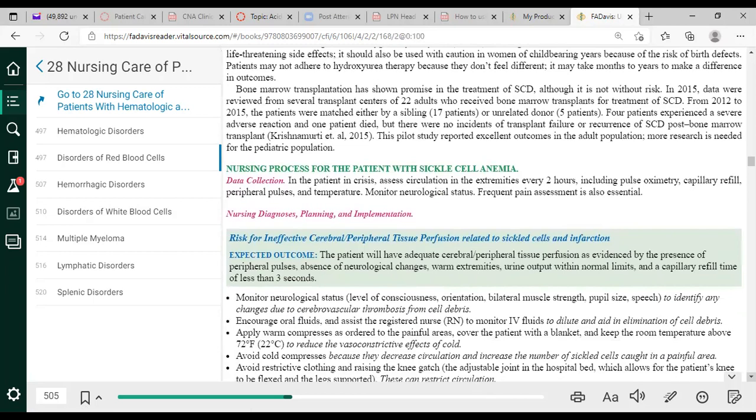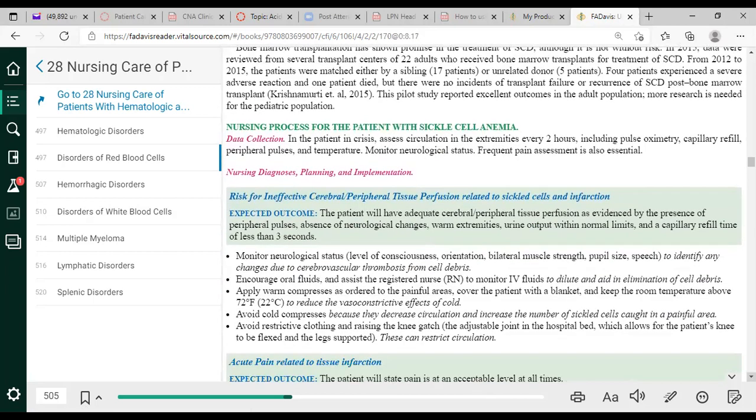Tell me two nursing diagnoses for a patient with sickle cell anemia. Well, a nursing diagnosis, we can't make a medical diagnosis.